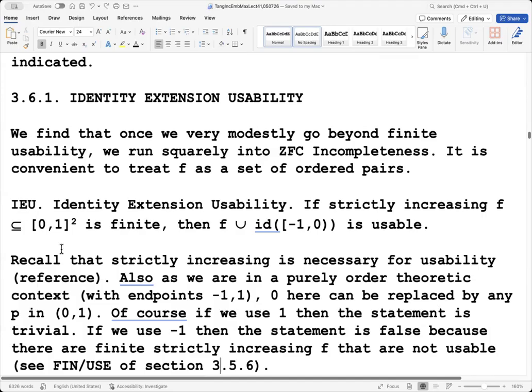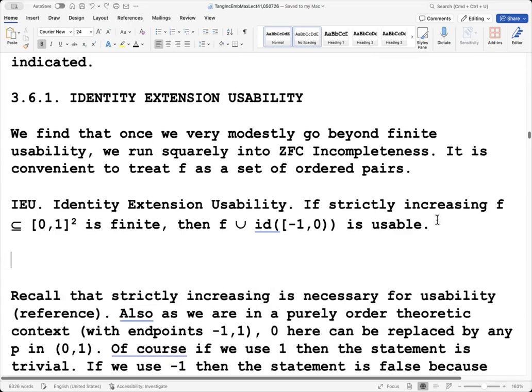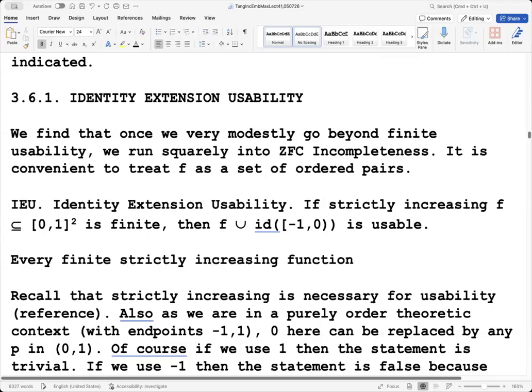What if I say: if the strictly increasing function F union ID of [-1,0) is strictly increasing... every strictly increasing... yes, you see, interesting because you can keep improving. Every finite strictly increasing function F union ID 0 is usable.